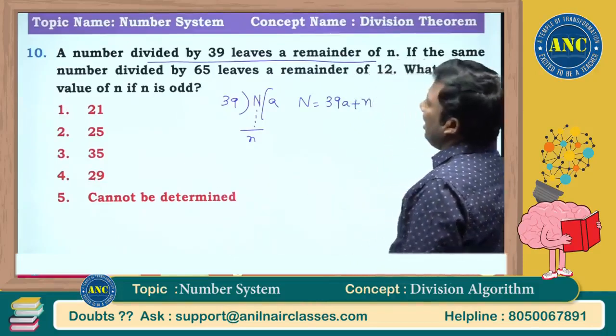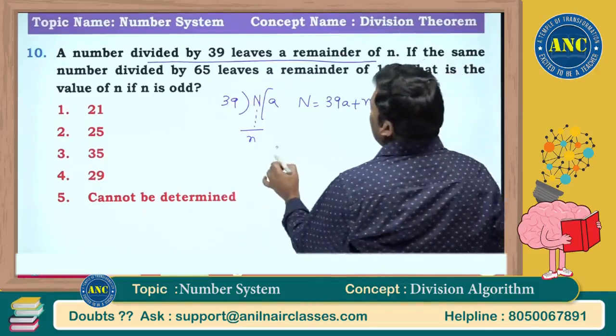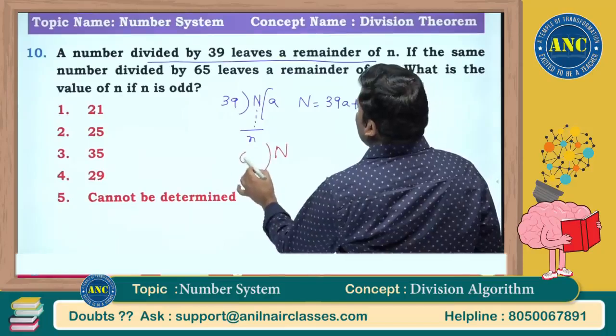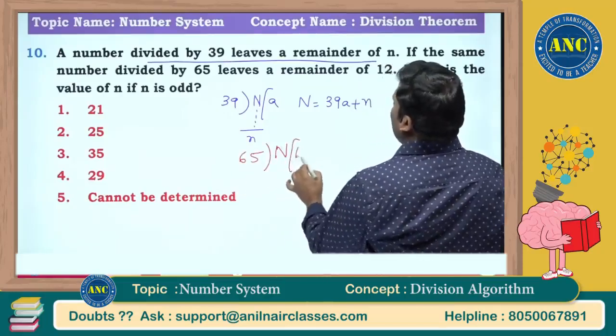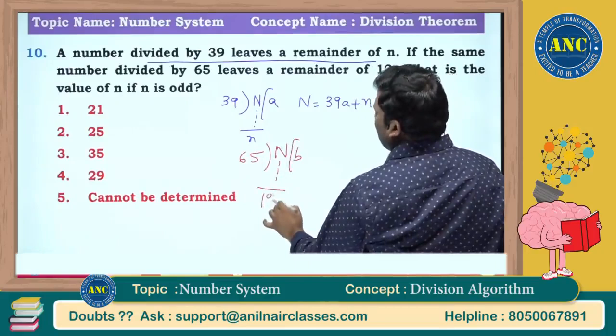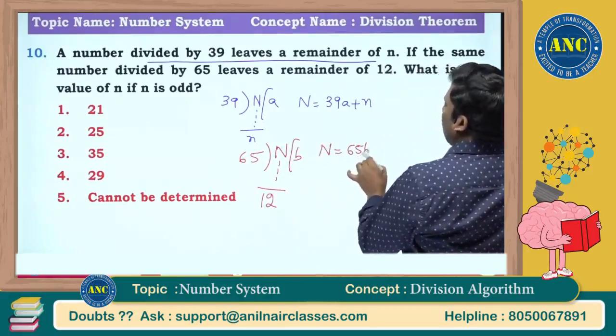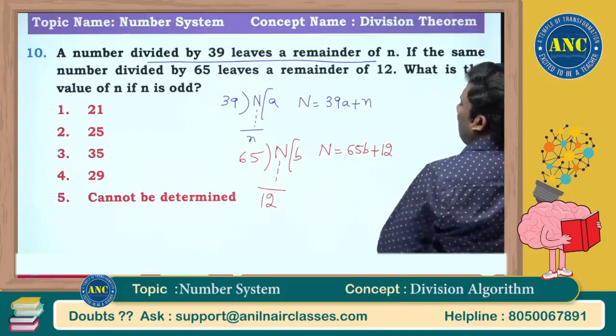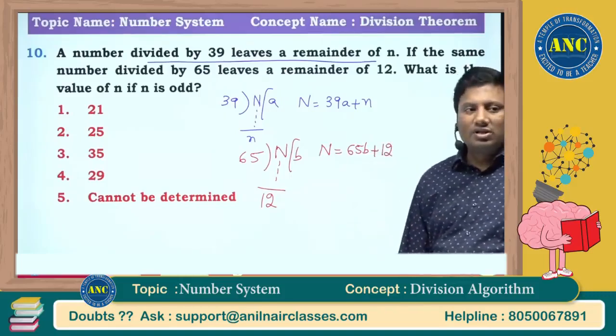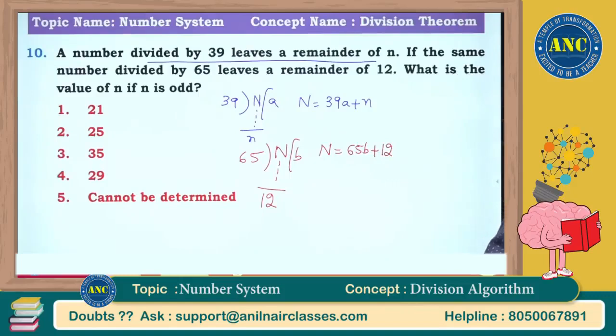If the same number N is divided by 65, the remainder is 12. Dividend equals divisor into quotient plus remainder, N is 65b plus 12. I hope it is clear.